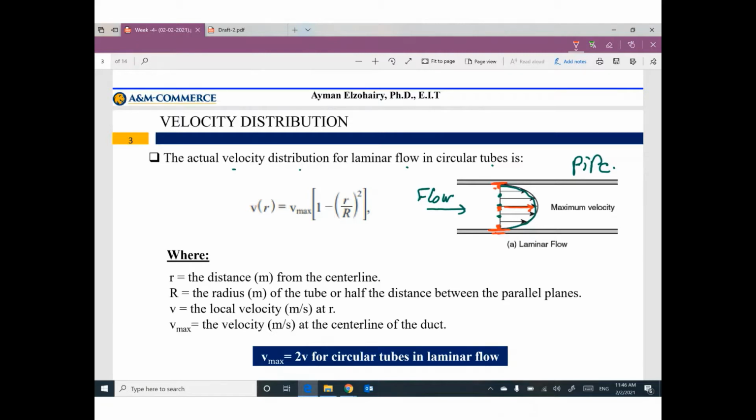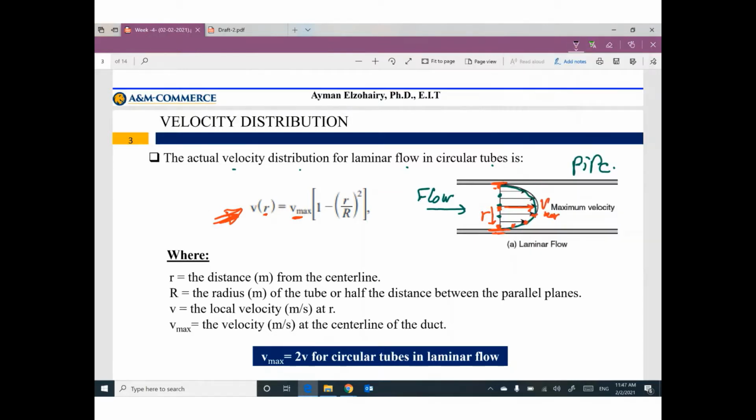That makes sense? If you would like to get the value of velocity in between, we can use this equation. V, the velocity at any distance r, where r is measured from the center line, equals V maximum, the maximum velocity, times 1 minus r divided by capital R, all squared.